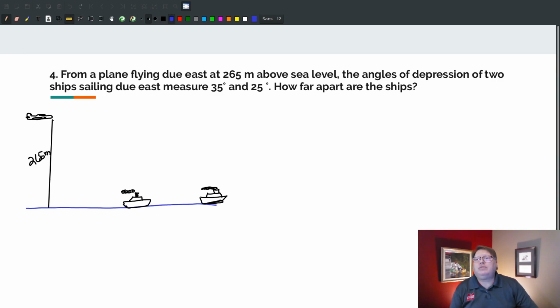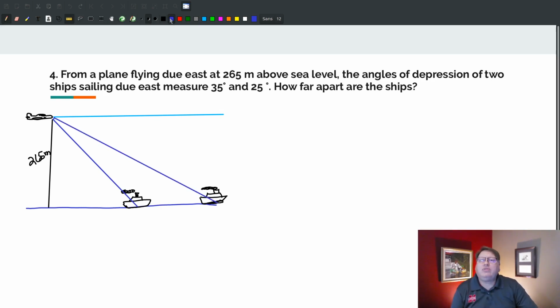So we're measuring from the airplane down at an angle of depression. So I should point out again our horizontal right here, because that will help us also. And we are measuring from that horizontal down to the first ship, okay? And then we're going down to the second ship.